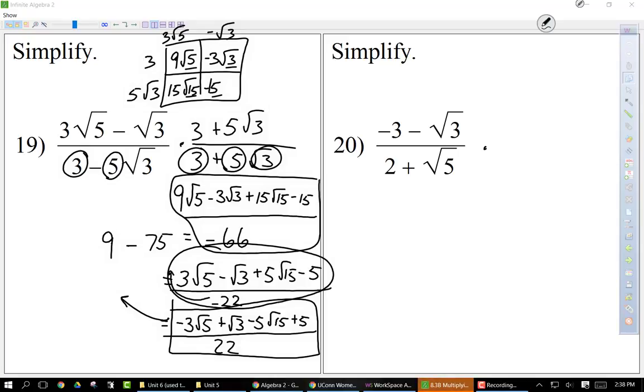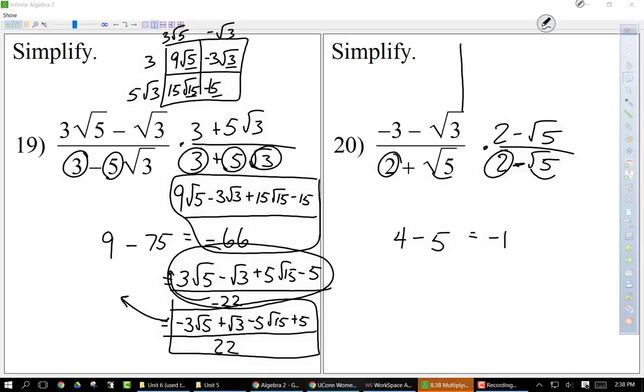Now let's go to this one here. Conjugate: 2 minus root 5. 2 minus root 5. Shortcut. 2 times 2 is 4 minus root 5 times root 5 is just 5, equals negative 1. So my denominator is negative 1. Numerator.